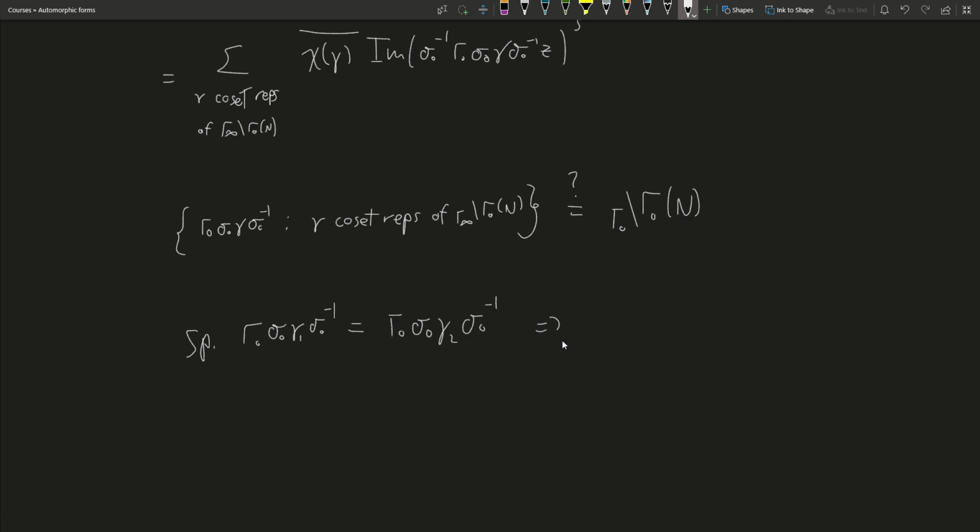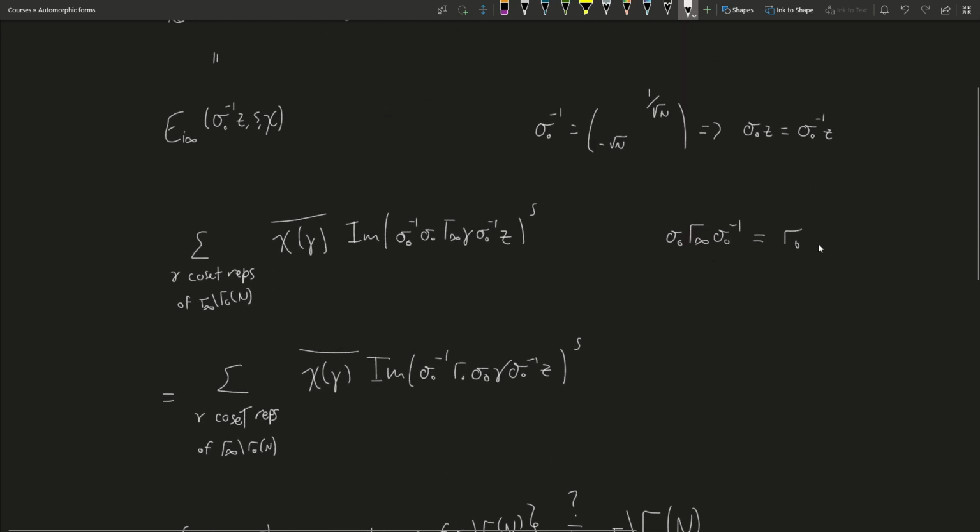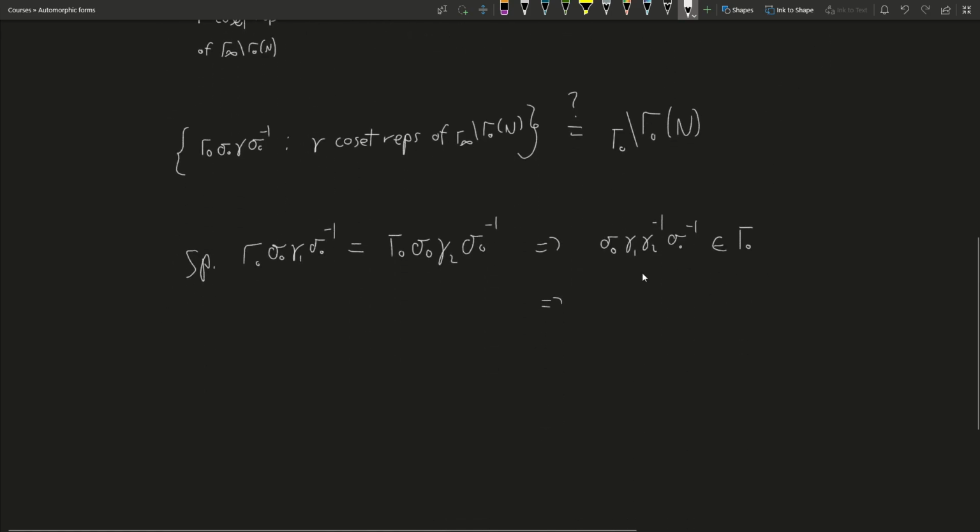Well, this implies that sigma naught gamma 1 gamma 2 inverse sigma naught inverse is in the set gamma naught, and this in turn implies by this fact that gamma 1 gamma 2 inverse is in the subgroup gamma infinity.